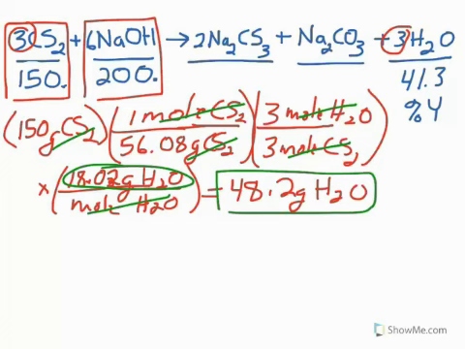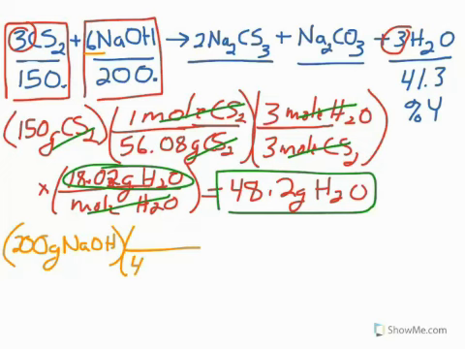Now I start with the 200 grams of NaOH, and I run the same calculation. The only difference is the molar masses and the stoichiometric coefficients are different. So I get 40 grams of sodium hydroxide per mole of sodium hydroxide.